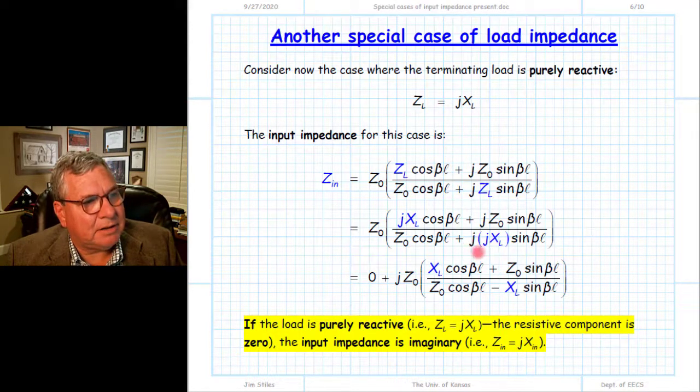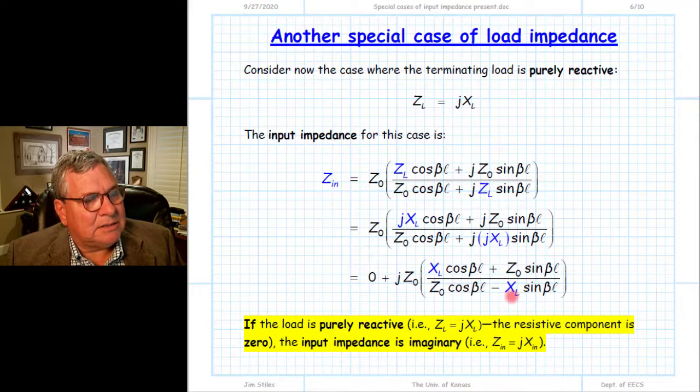Notice we have j squared at that point, which becomes minus 1, and we can go through and then pull out the j in the numerator, the square root of minus 1 here, and pull it out front, and we see the input impedance has this form. The interesting thing about this is that the real part of this result is equal to 0, and the imaginary part is this result back here.